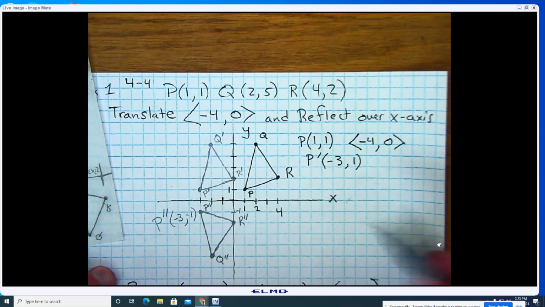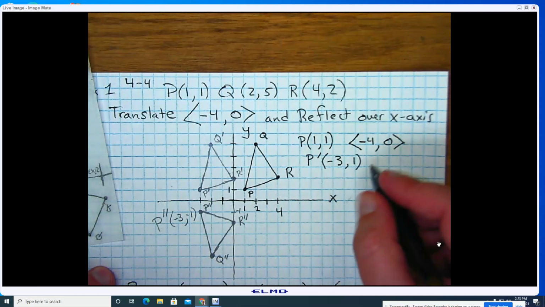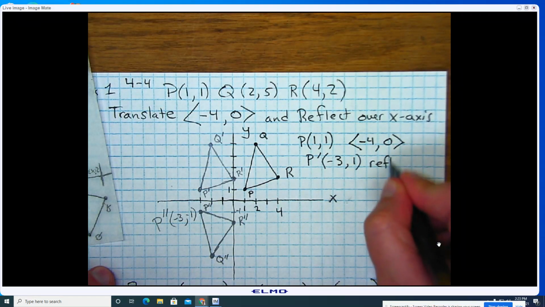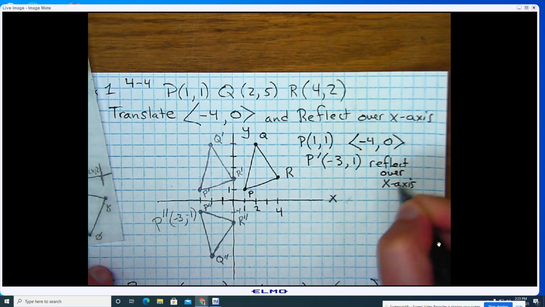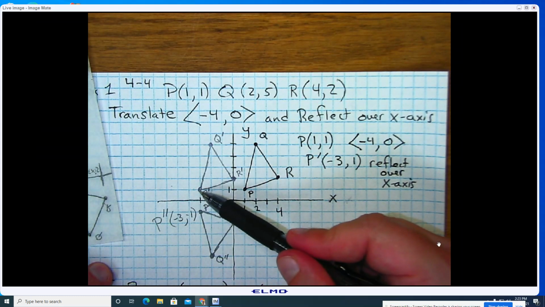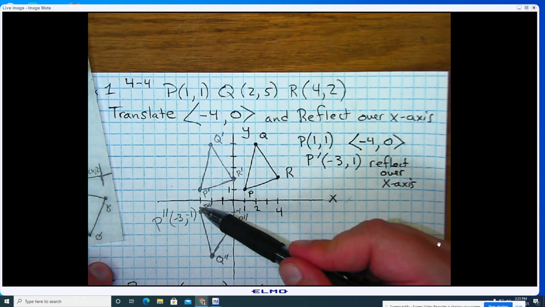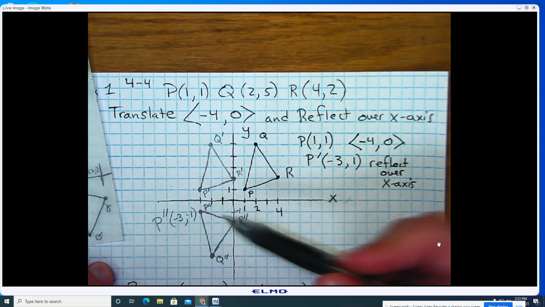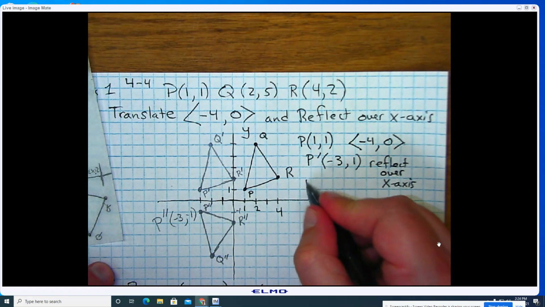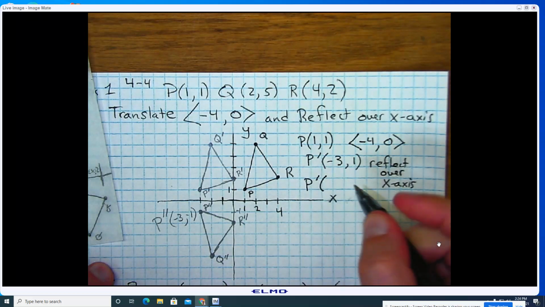Right. And then when we do the reflection over the x-axis, we can count it out. It's 1 unit from the x-axis, so then it's going to be 1 unit on the other side. So that means P double prime.